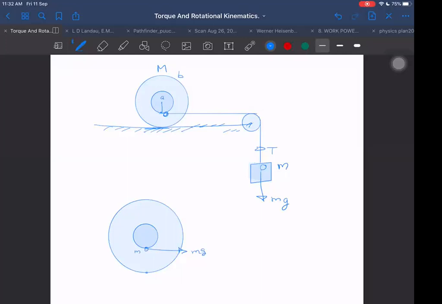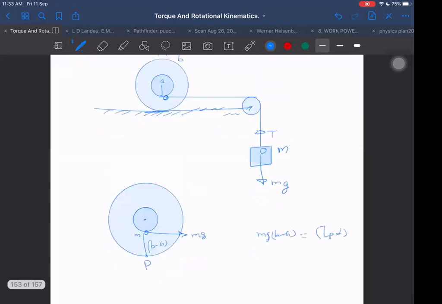Torque about this point will come out to be just mg into (b minus a). So mg into (b minus a) will be equal to Ip into alpha. What is Ip here? Ip will involve two things. One is for the spool. Let us say for the spool it is given what is the moment of inertia about the center of mass.